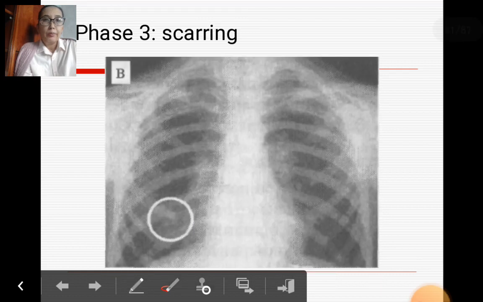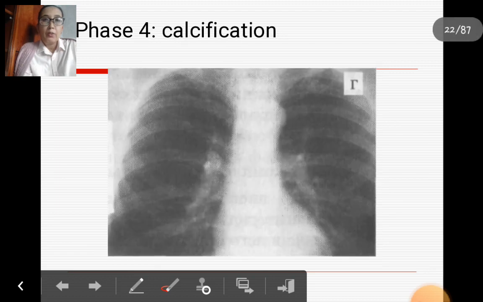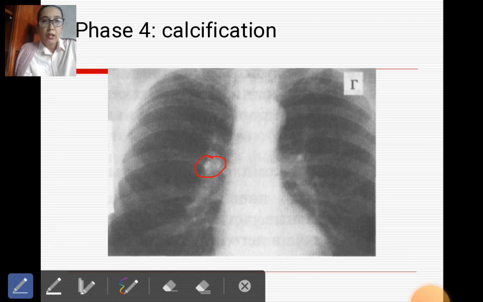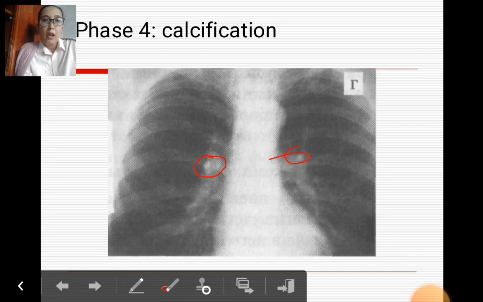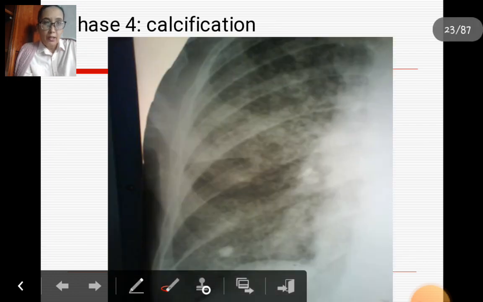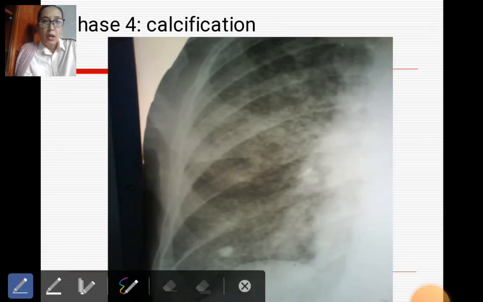In the slide you can see third phase, scarring, and finally you can see phase of calcification. Here you can see calcification of lymphatic nodes, and in our next slide you can see the calcinated primary affect and calcinated lymph nodes.